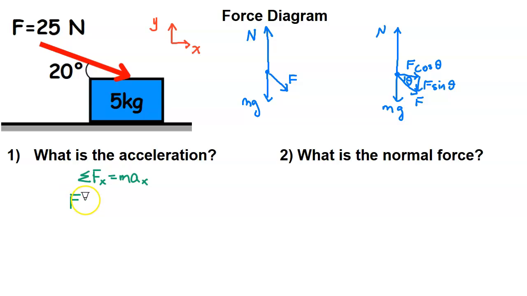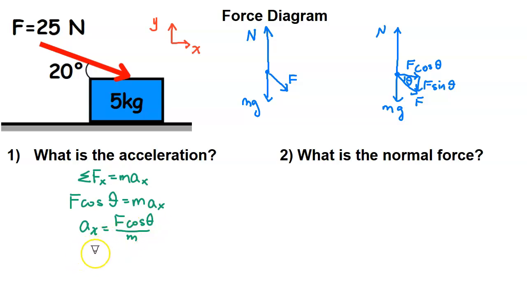So F cosine theta is equal to m a x. What we're looking for here is a x. So a x is equal to F cosine theta divided by m.